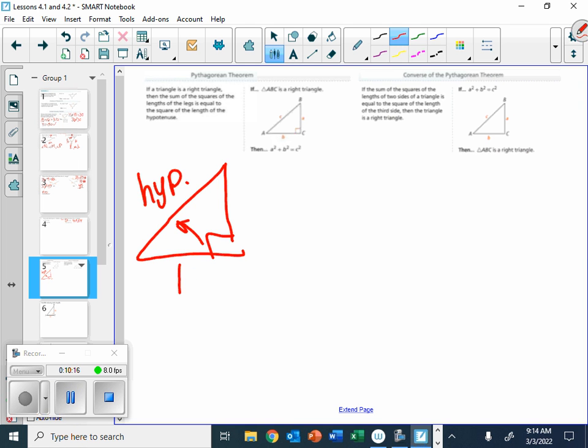The other two sides are your legs. The hypotenuse is always your largest side. Also note that your hypotenuse is always C. A and B can be whichever leg.